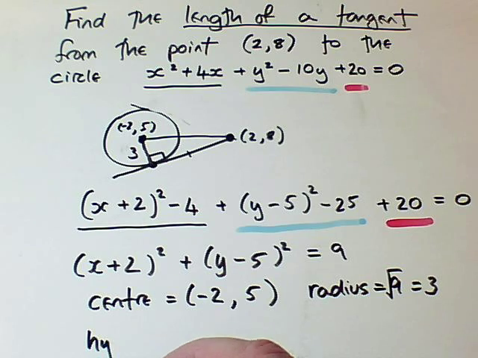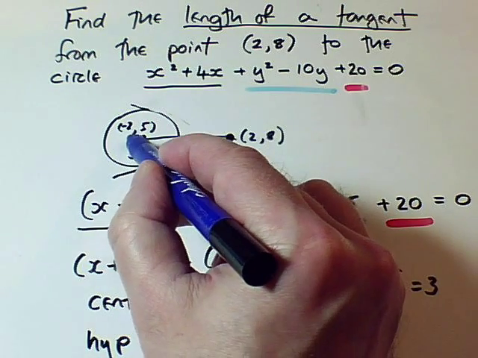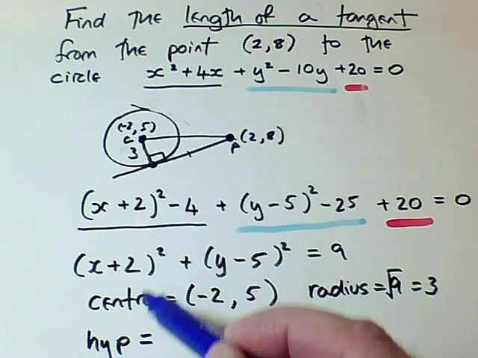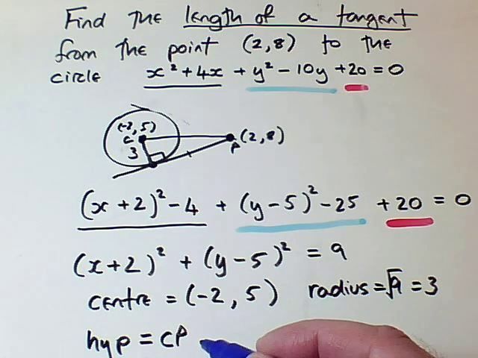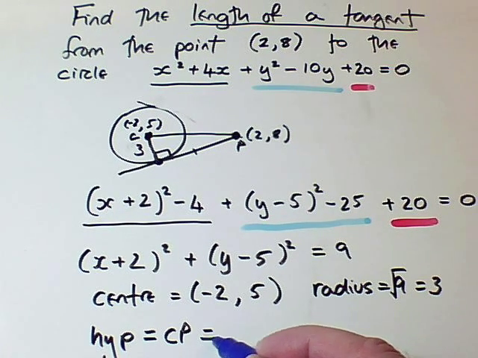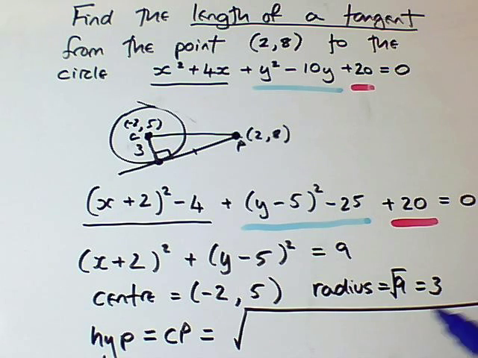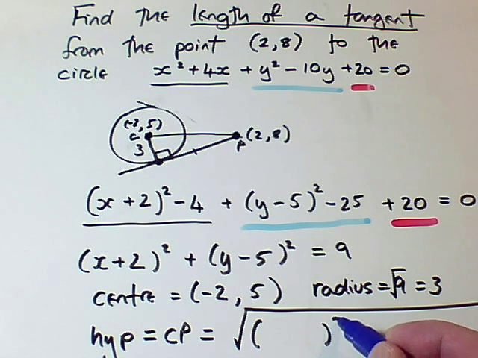So the hypotenuse of the triangle is, or I could call it the distance CP if I want to give these points names. So you'll sometimes see it written using the name of 2 points. But it's just the distance method for 2 points. So it's the difference in x squared plus the difference in y squared added together and square rooted.